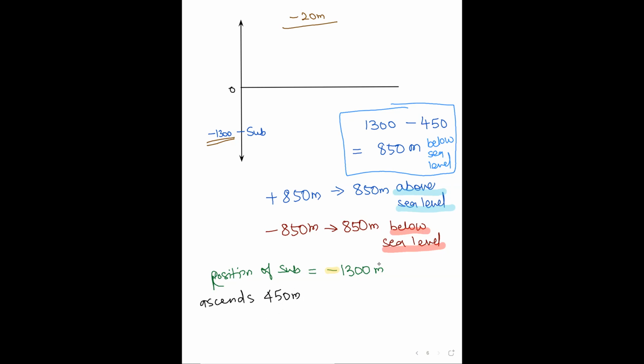You will add 450 to 1300 or negative 1300? Negative 1300. Okay. Why? Because it is ascending. So you will add it to negative 1300.